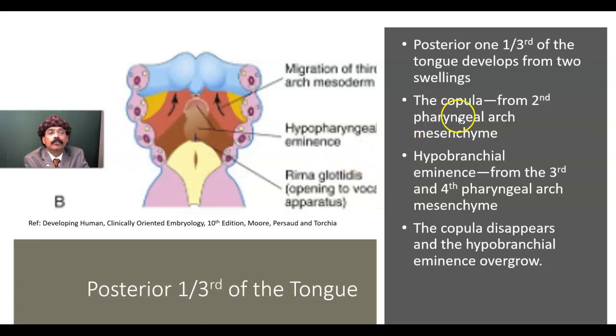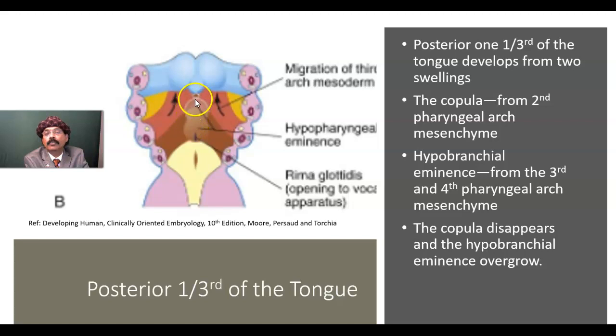So the copula is from the second pharyngeal arch mesenchyme; this is the copula area here. And the hypobranchial eminence is from the third and fourth arch. The copula disappears and the hypobranchial eminence overgrows.